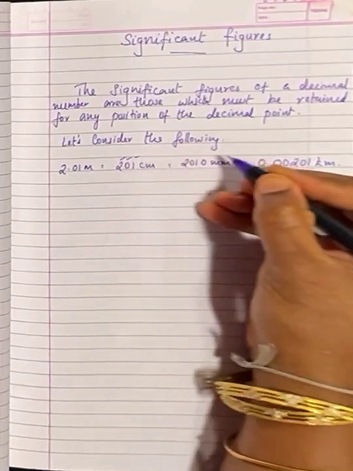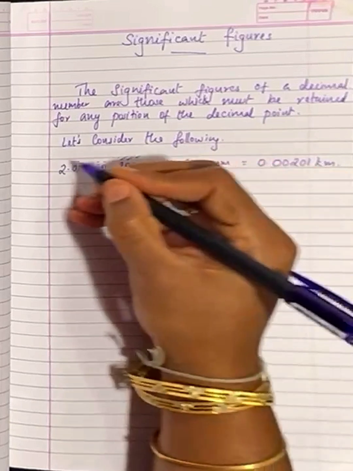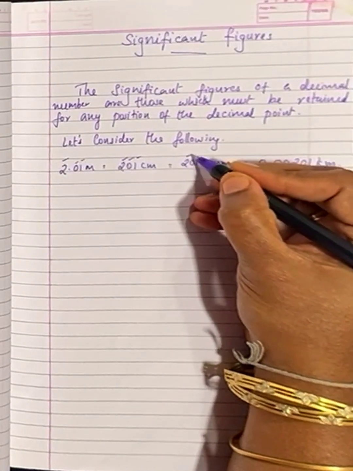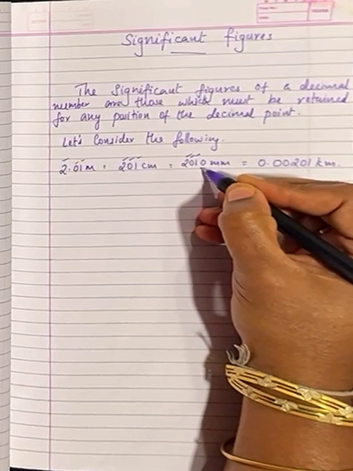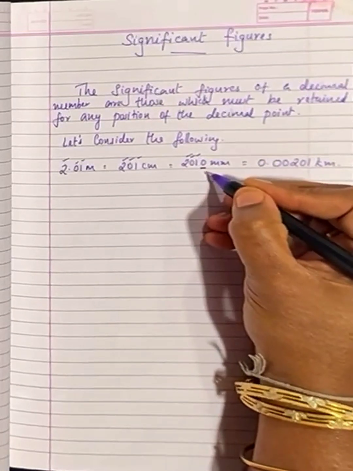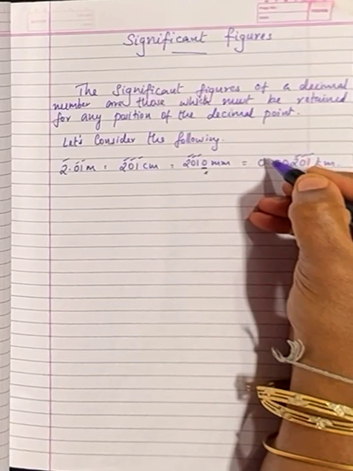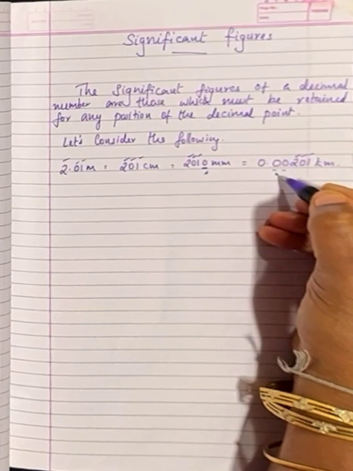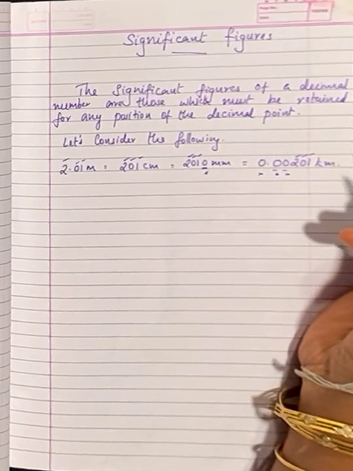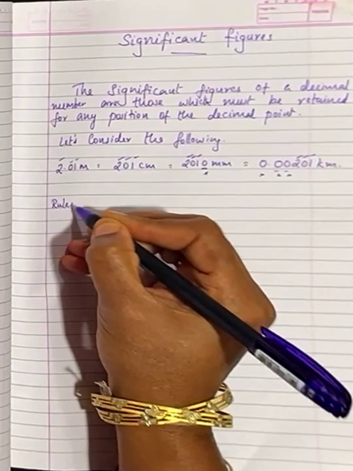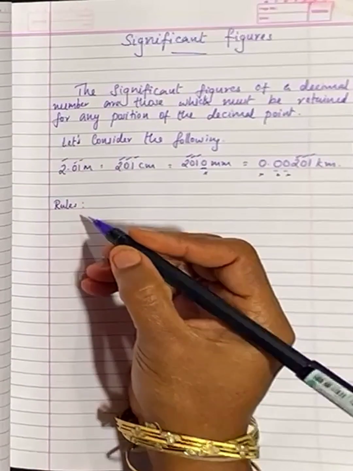Next, same as 201, that is 3 significant figures. In the case of millimeters, the last 0 is merely added due to the change in the position of the decimal point, which is caused by the change in the unit of length, so we are not considering it. So in all these cases there are 3 significant figures.